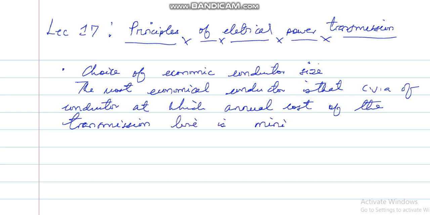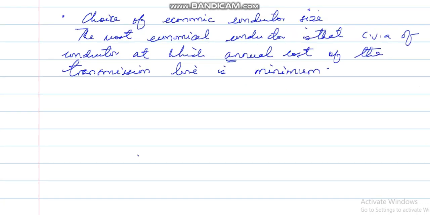Okay, minimum. Kwa hiyo the most economical conductor size is that cross section of the conductor at which the annual cost of the transmission line is minimum.